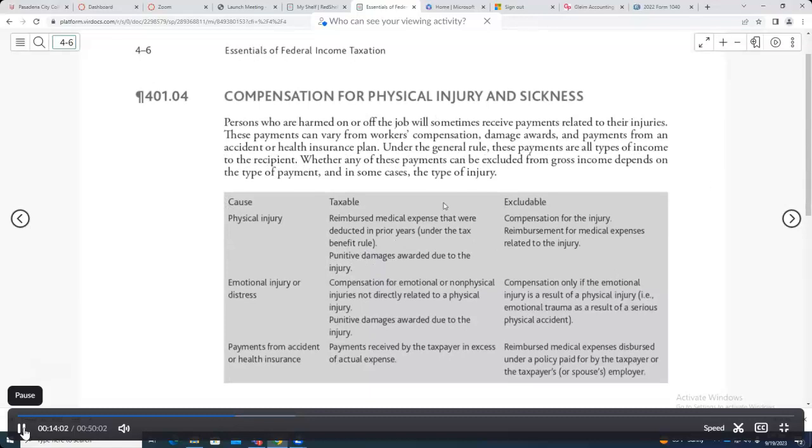Okay, in regards to compensation for physical injuries and sickness, you might have a question from your client. The overall idea is this. If you have physical injury, it is excludable if the compensation is for the injury, or reimbursement for medical expenses related to the injury, right?